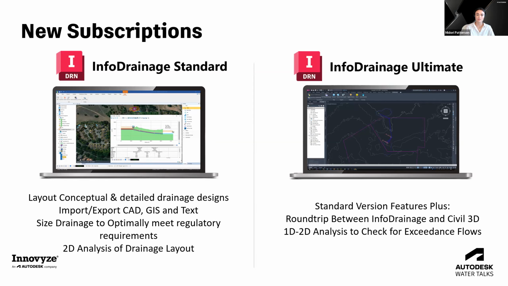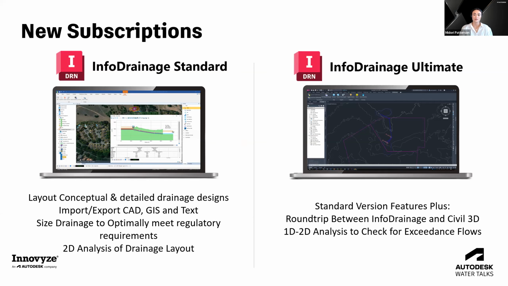In the ultimate tier, you get the addition of these two additional features, but they're both pretty powerful. You get the full capability of the round tripping between InfoDrainage and Civil 3D with the InfoDrainage ribbon within Civil 3D. And you also get the ability to perform a combined 1D and 2D analysis to check for exceedance flow.